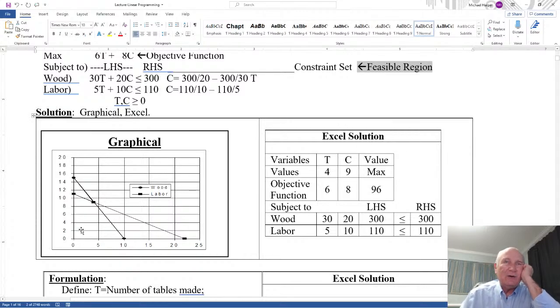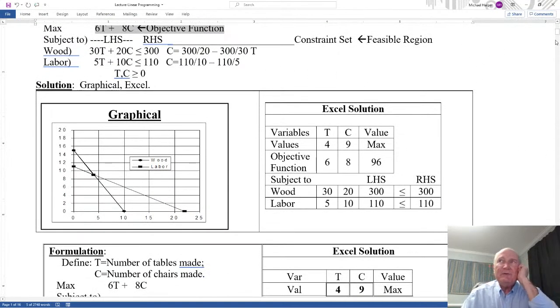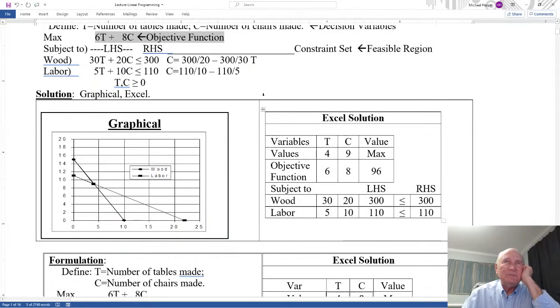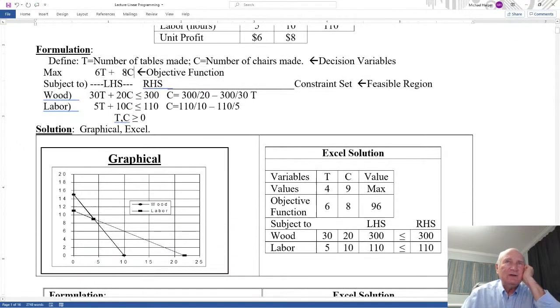Okay, and when you start maximizing or minimizing, right now we're maximizing our objective function, what if our objective function was 6T? What's the maximum number of tables I can make? Well, this is tables down here. The maximum number of tables I can make is going to be right here, 10, 0. Right? And so my profit will be 60.